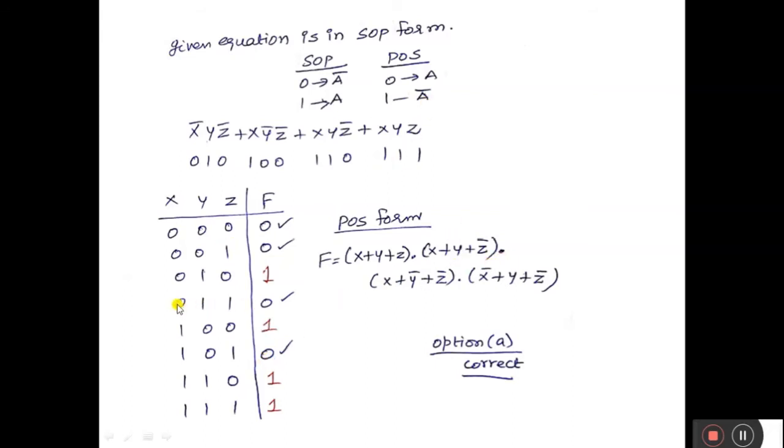From 0, 1, 1, I can write x plus y bar plus z bar, dot, and from this x bar plus y plus z bar. So from the given options, option A is correct.